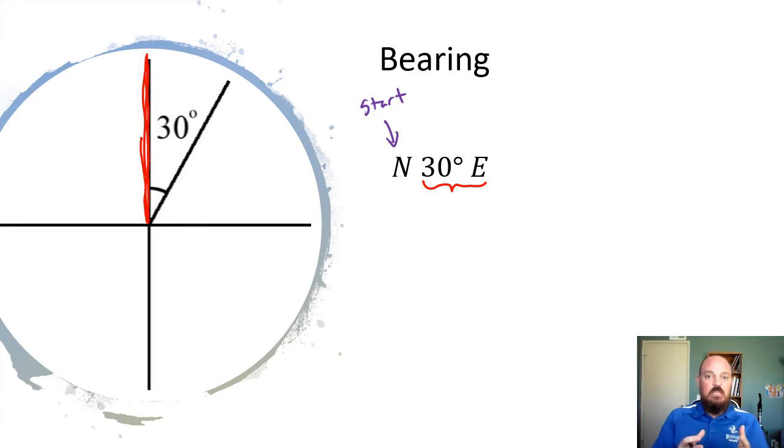So you're going 30 degrees, because from north you can go two directions. You can go to the east or you can go to the west. So you can't just say 30 degrees from north. You have to say 30 degrees towards east. And that's where this angle comes from. I went 30 degrees, that's this right here, but I went to the east side, not to the west side. And that gives you a bearing.